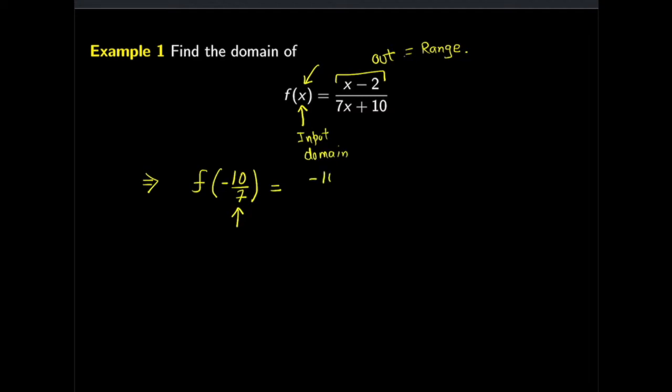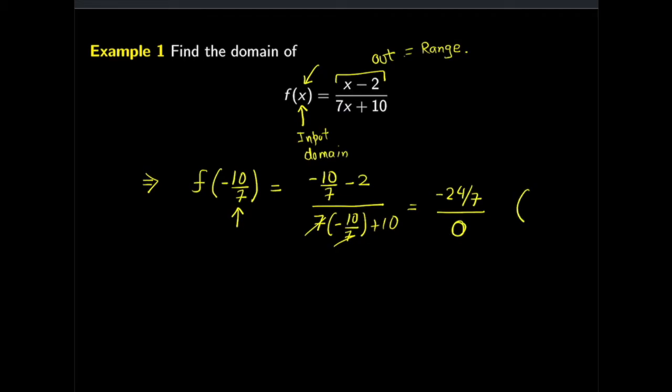If I plug in negative 10 over 7: the top is negative 10 over 7 minus 2, which simplifies to minus 24 over 7. The bottom is 7 times negative 10 over 7, plus 10; the 7 cancels out and you get negative 10 plus 10, which is 0. So now the top is a number and the bottom is 0.